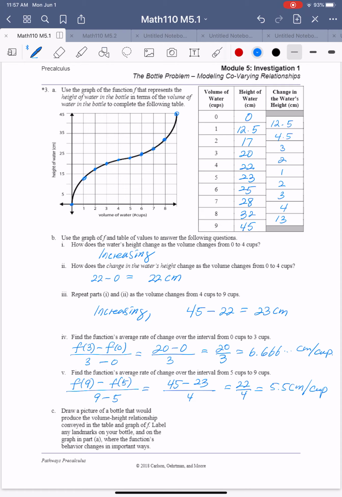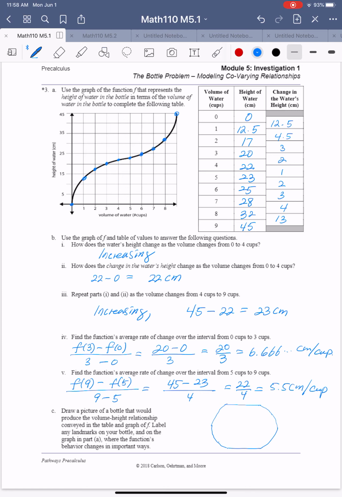But this time, with the same cup, actually at the beginning the height was increasing faster. So I believe you have a narrow base, and it goes up to maybe 6 cups as increasing. Okay, increasing, right? And after that it starts decreasing, because of the volume. So I believe this is the kind of bottle we'll see.